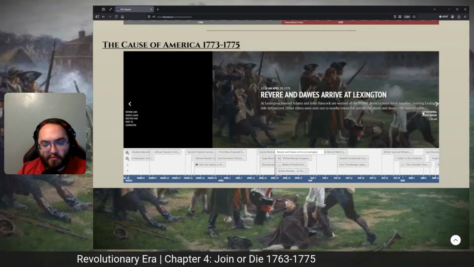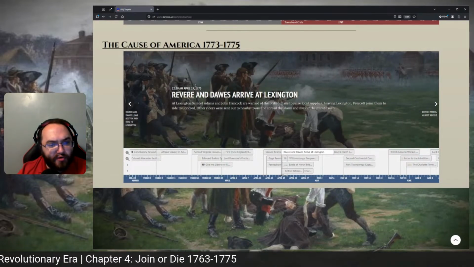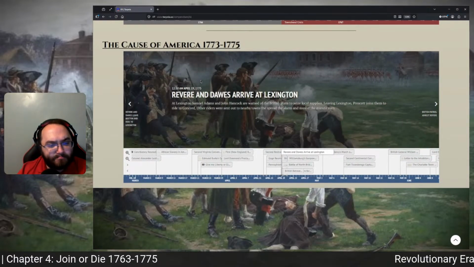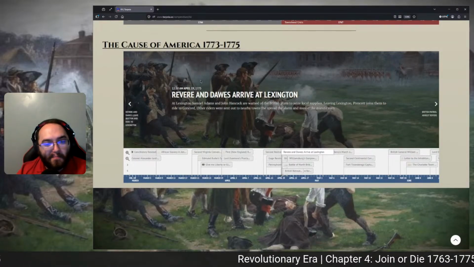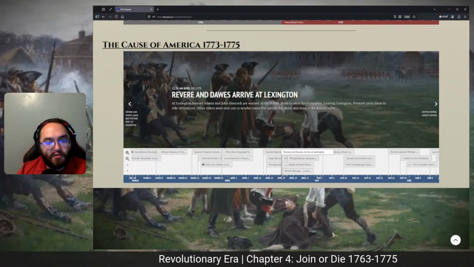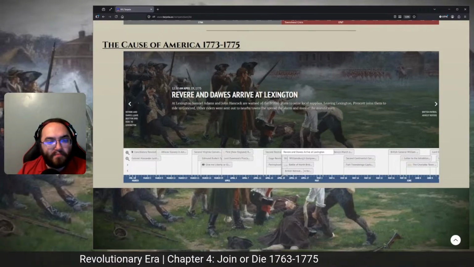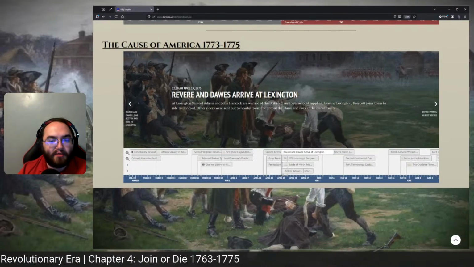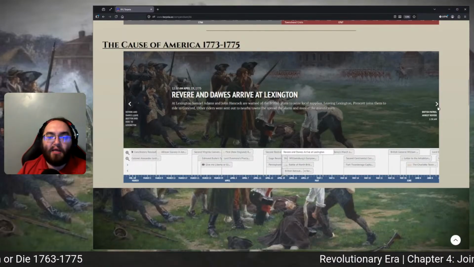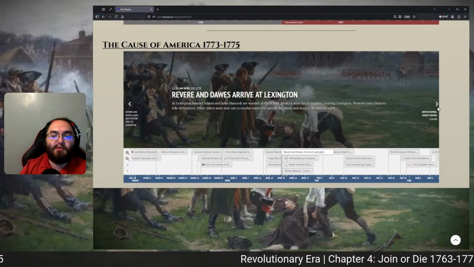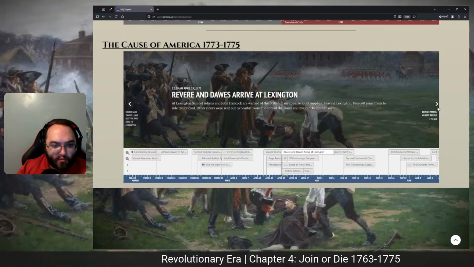Here, I have it on the timeline. At 12:30 a.m., so just after midnight, Revere and Dawes arrive at Lexington. At Lexington, Samuel Adams and John Hancock are warned of the British plans to seize local supplies, and then leaving Lexington, Prescott joins them to ride to Concord.